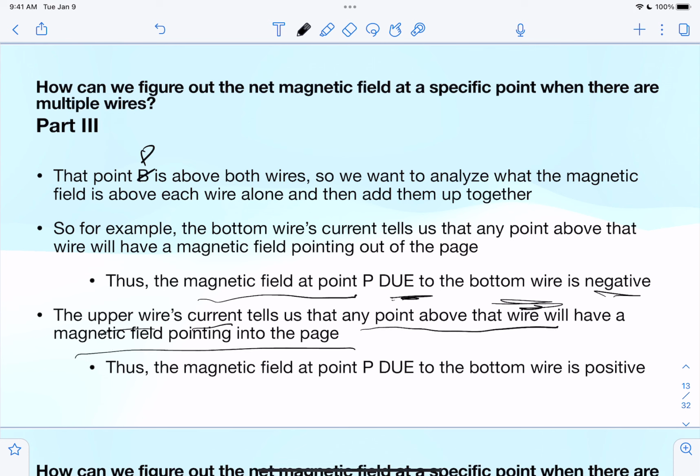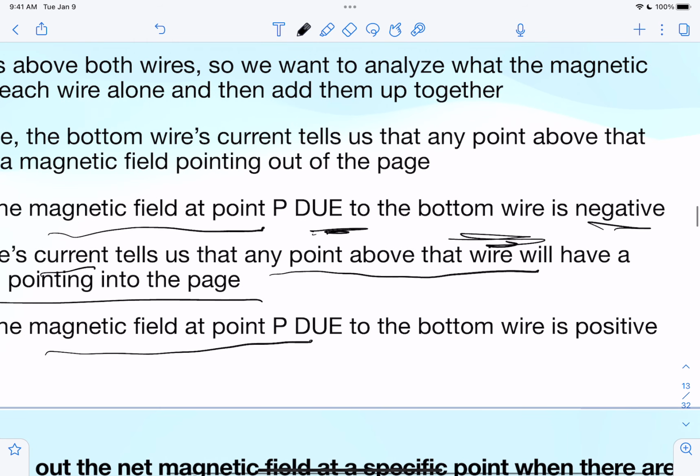And so the magnetic field at point P, since it's above that wire, is positive, right? So the magnetic field due to the, I think I had bottom wire again here, this should be top wire. Sorry for all the typos, but it should be positive. So this top wire, or the upper wire, should be positive.